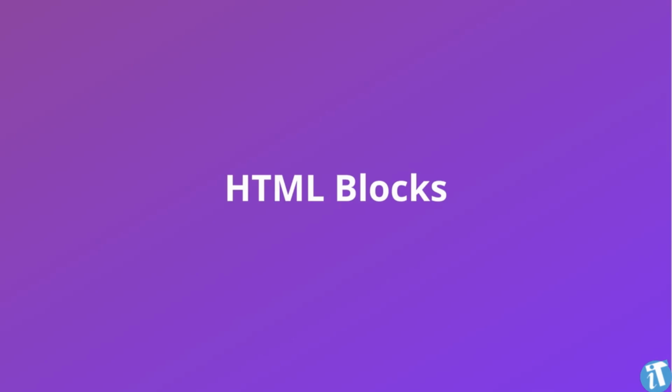Now in this HTML video, we will discuss creating blocks using the div tag. The div tag or division tag is a very common tag which you may find in any HTML document, and it is used for grouping different HTML elements.